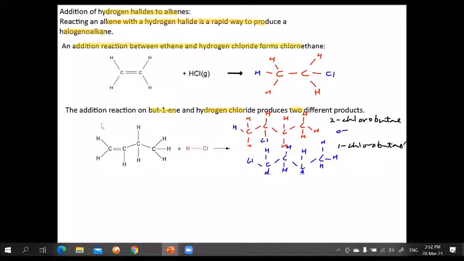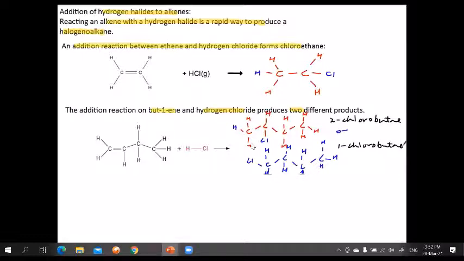Make sense? But the problem is sometimes when you have a larger unsymmetrical alkene, we can get more than one product, as you can see here. In topic 20 for higher level students, we'll understand in more painful detail which of these products will be the best, correct product.